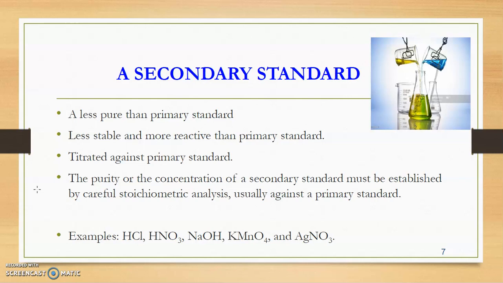The concentration of a secondary standard must be established by careful stoichiometric analysis, usually against a primary standard, as I mentioned. Examples of secondary standard solutions are HCl, nitric acid, sodium hydroxide, potassium permanganate, and silver nitrate.